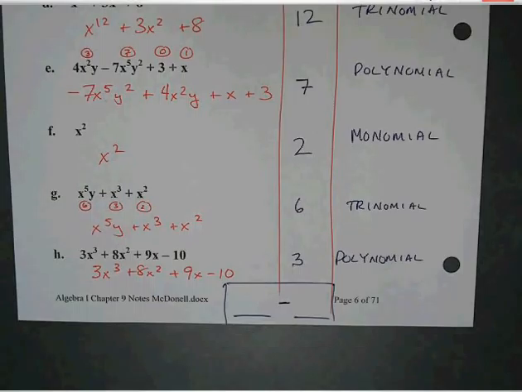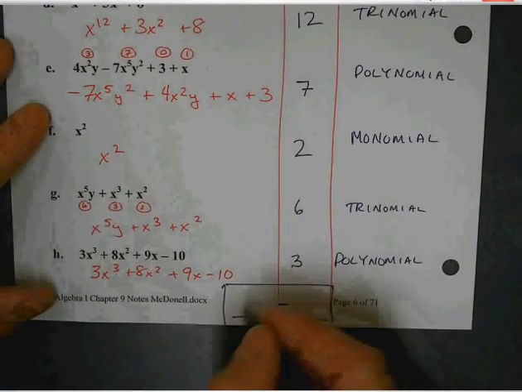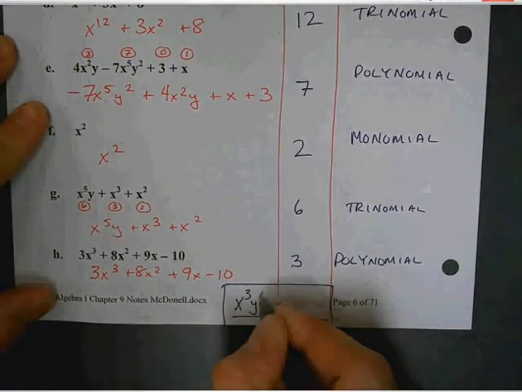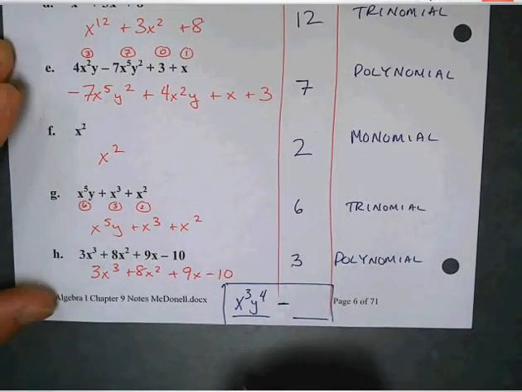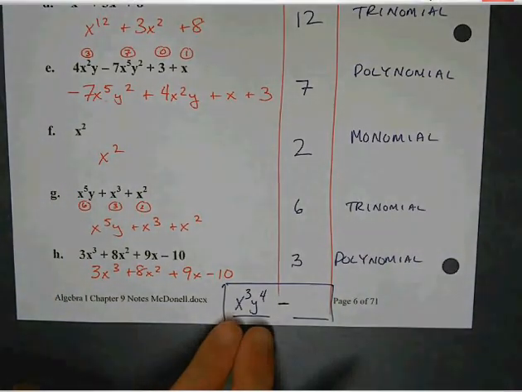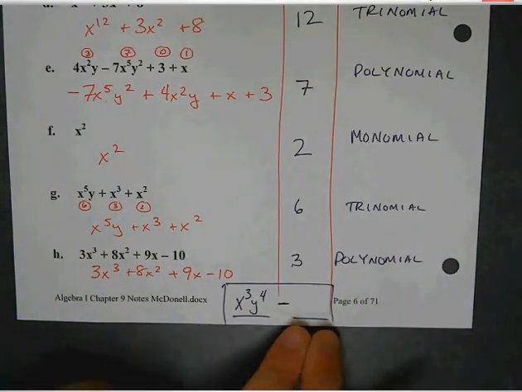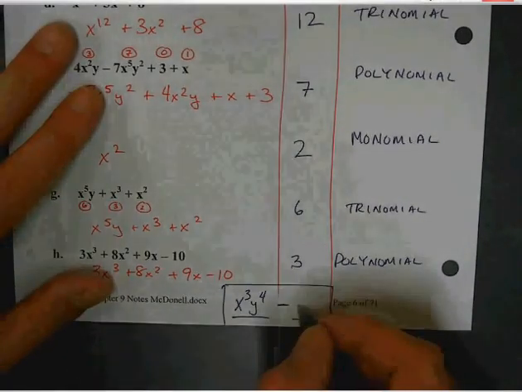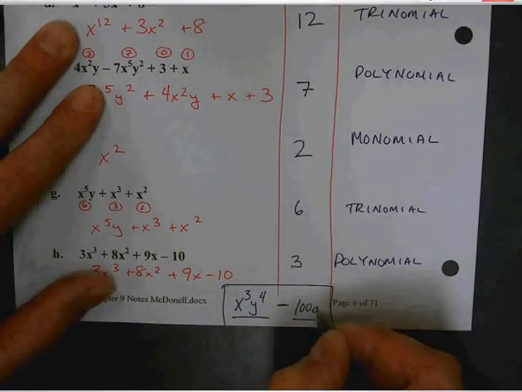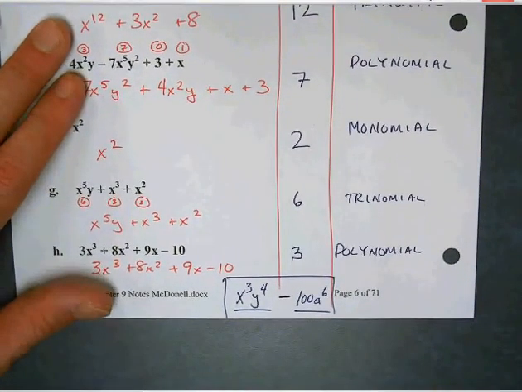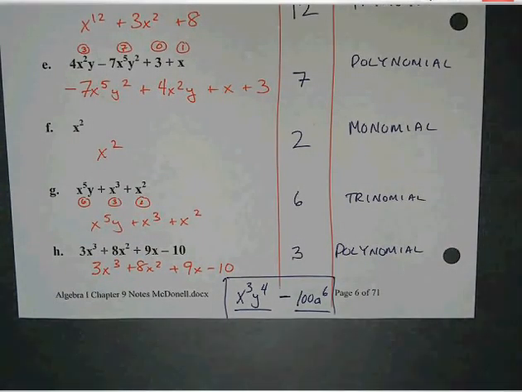What else could I say? X to the 3rd and y to the 4th. I like that. X to the 3rd, y to the 4th. So does that have degree 7? Yeah, and then what does the other one need to have? Anything so long as it's less than 7. So could I have 100 a to the 6th? Would that be less than 7? Yeah. And that's a very unique one.